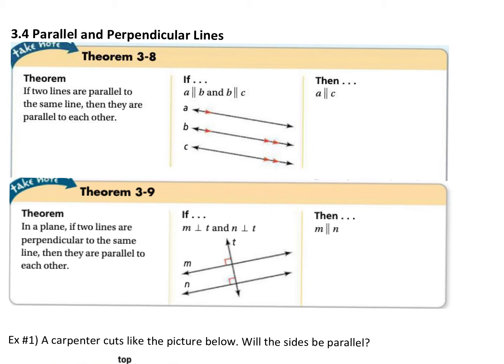There's a few theorems, so I'm going to explain the theorems to you. The nice thing with these theorems is there's often another way to get to where we're trying to go as well, but these are helpful to speed things along. The two theorems we're going to focus on right now are Theorem 3.8 and Theorem 3.9.